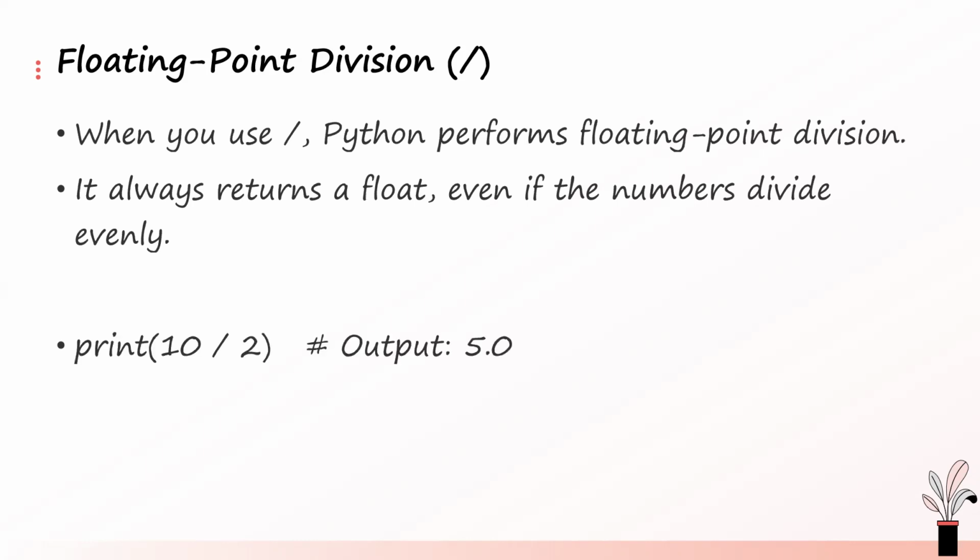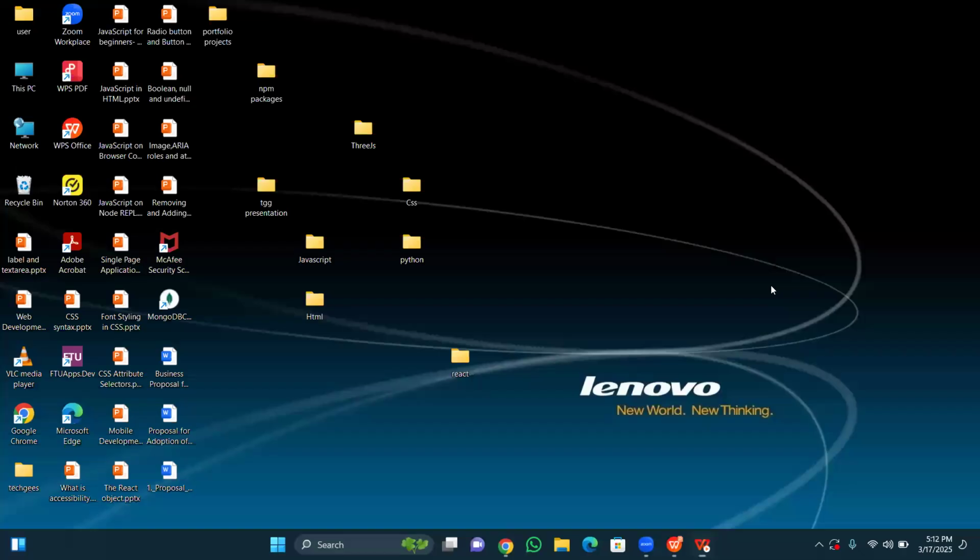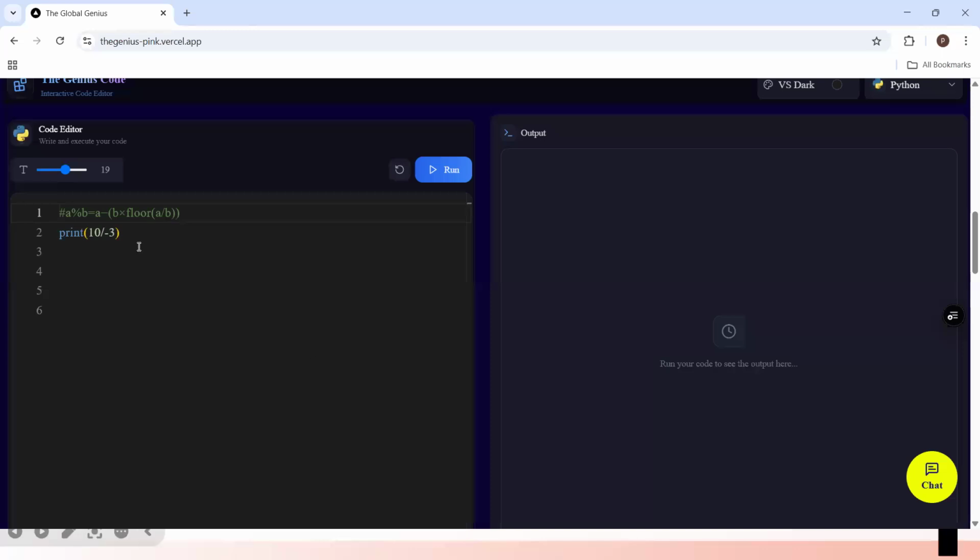Now look at this example. 10 divided by 2 is supposed to give us just 5, but any division you do with this normal division, Python will return a float. So let's go to our website and to our editor. If I do print 10 divided by 2 and run this code, I'm going to get 5.0.